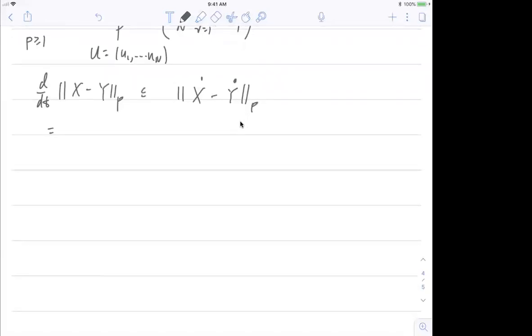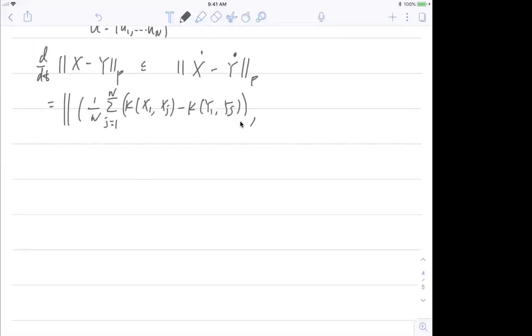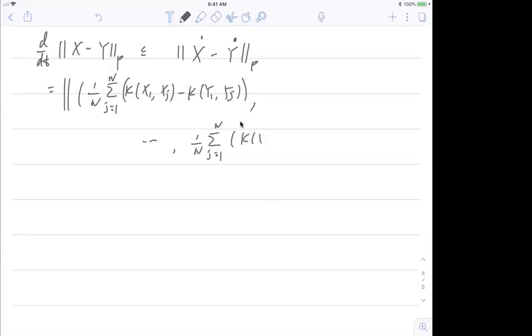Using the equation, we have the following: the first coordinate is K(x_1 - x_j) minus K(y_1 - y_j), and then the last coordinate is K(x_N - x_j) minus K(y_N - y_j).